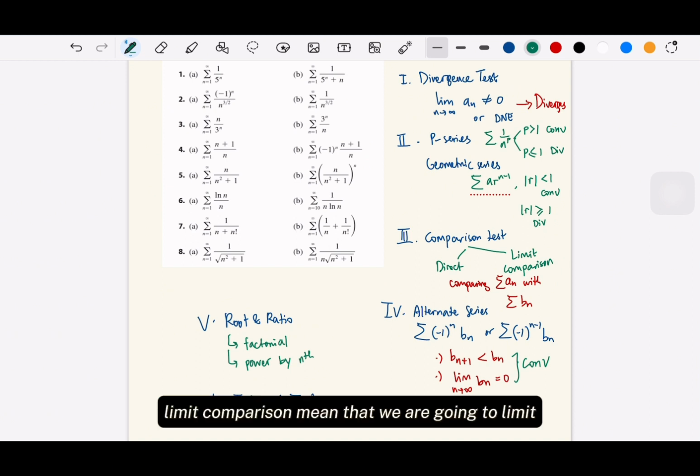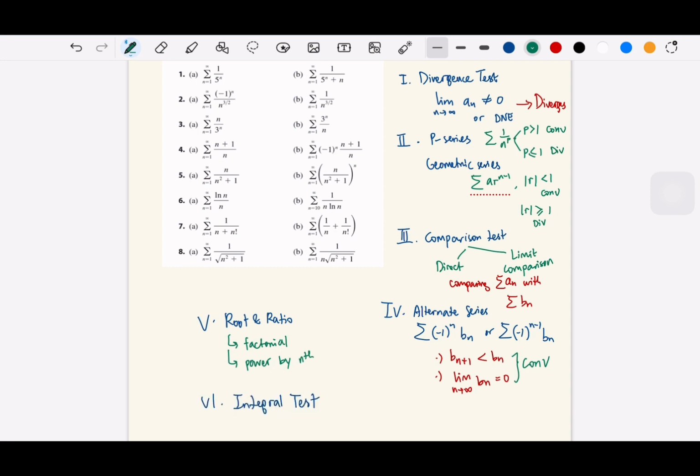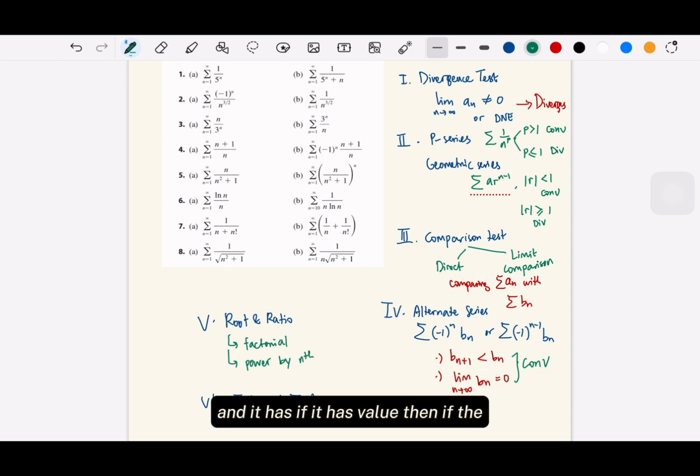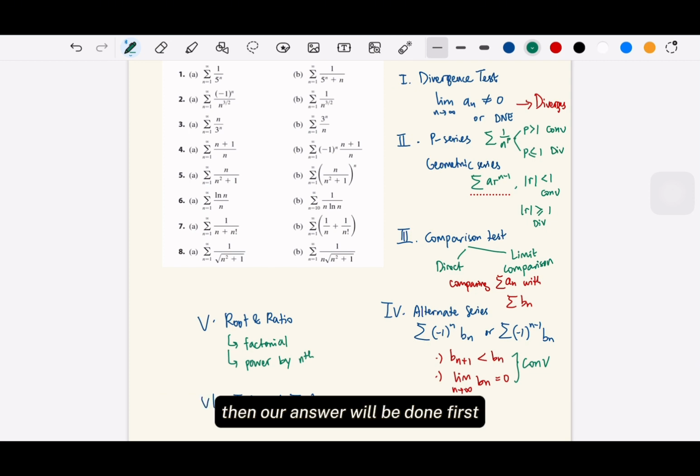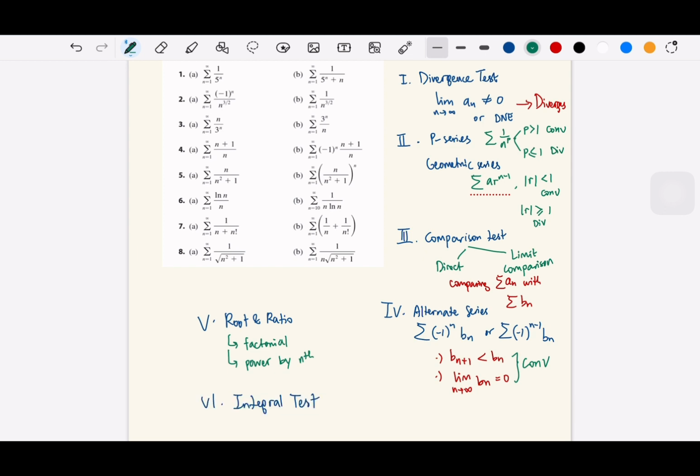Limit comparison means that we take the limit of the ratio between the two series, and we need to make sure that it has a value. If it has a value, and the series that we compare with diverges, then our answer diverges. If it converges, our answer converges. Okay.